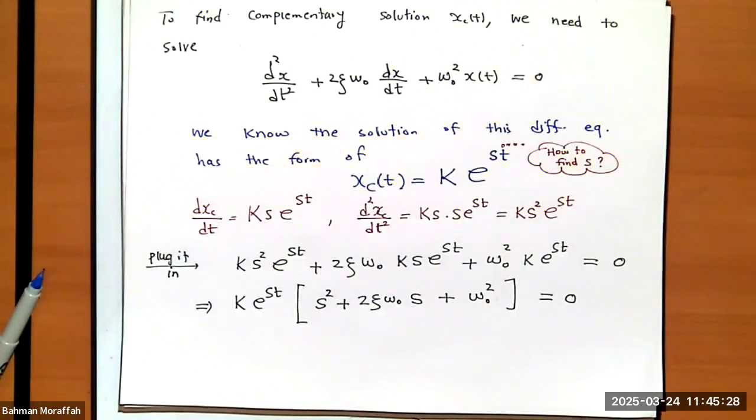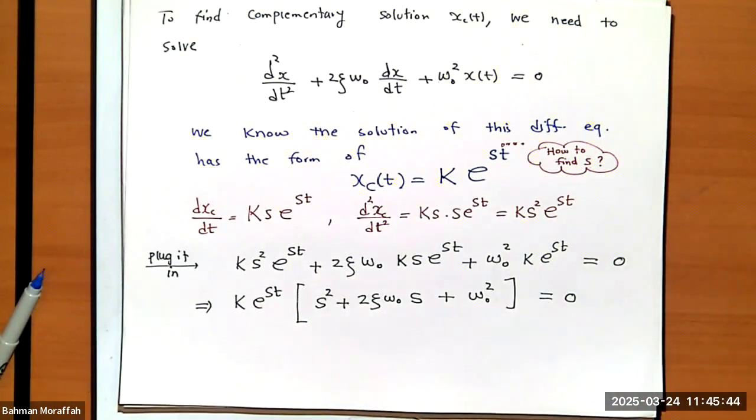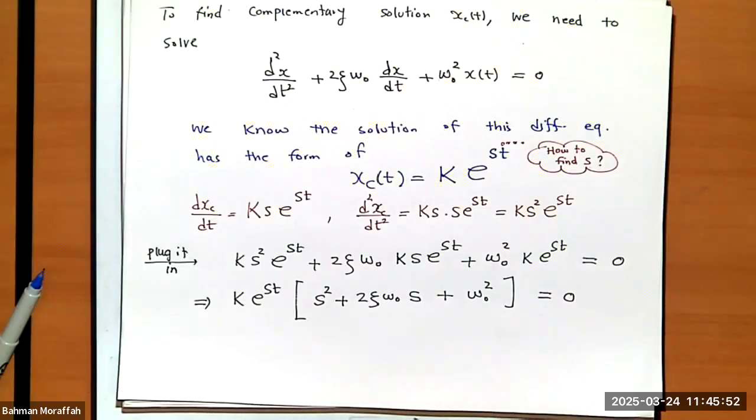Right? I have two terms that are multiplied and give me 0. What does that tell me? It tells me it's either this term or this term that is 0. I know k times e to the power of st is not 0. Therefore, this portion must be 0.